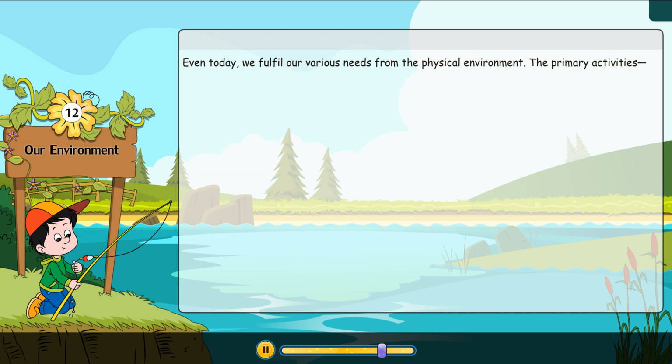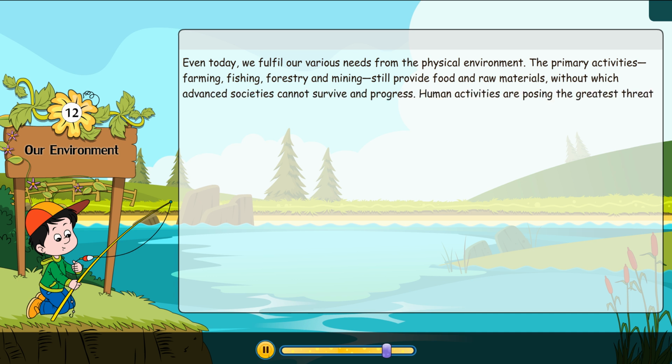Even today, we fulfill our various needs from the physical environment. The primary activities, farming, fishing, forestry, and mining, still provide food and raw materials without which advanced societies cannot survive and progress.